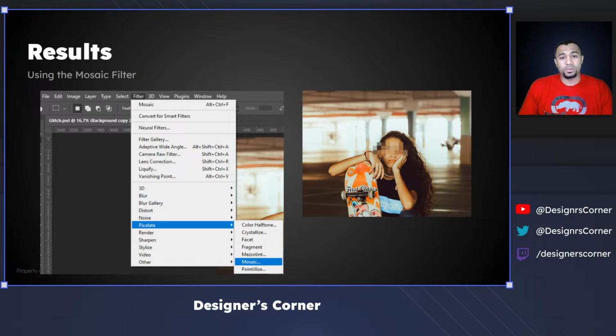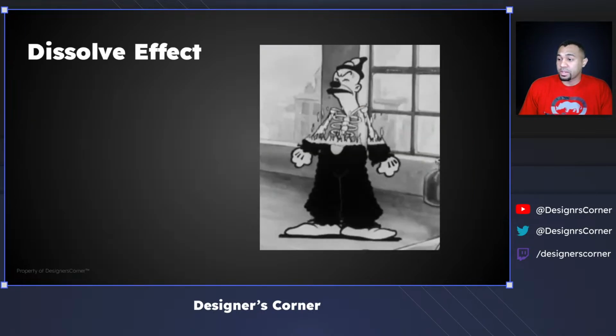In this case, we ended up using a filter called Pixelate and Mosaic. It's a mosaic filter inside the Pixelate filter options. And this was able to give us that cool little CSI Miami type of censorship that you usually see in videos, where they're trying to hide someone's identity. In last week's example, we blurred out license plate numbers. So the same type of thing applies here.